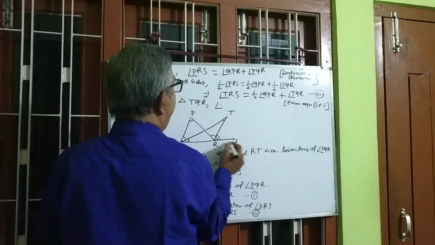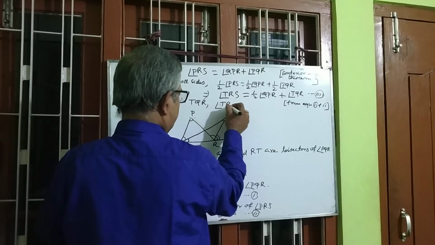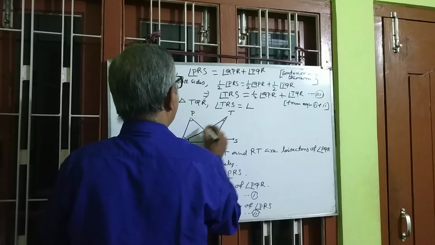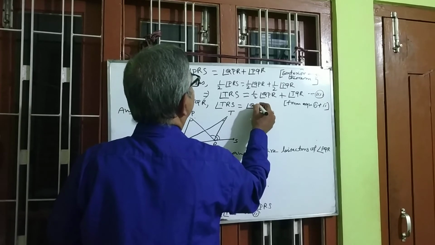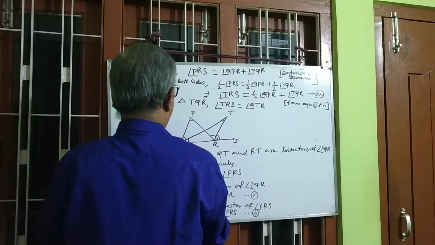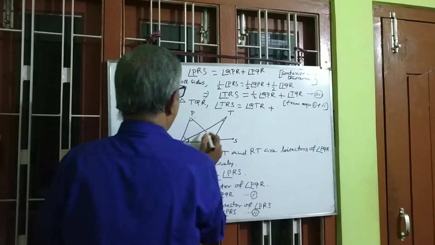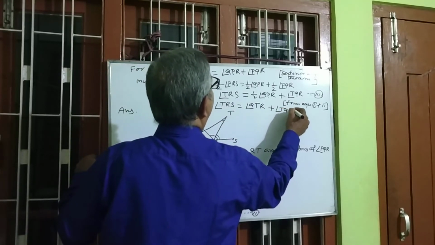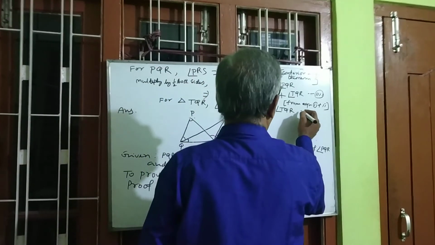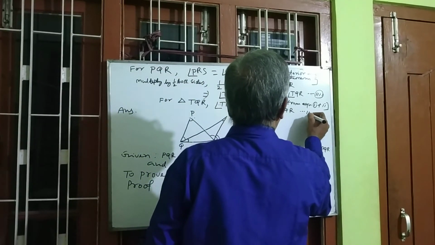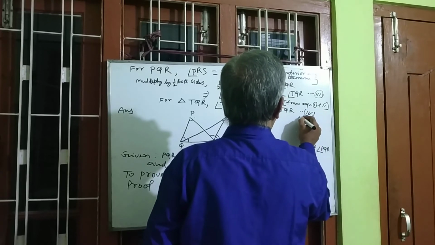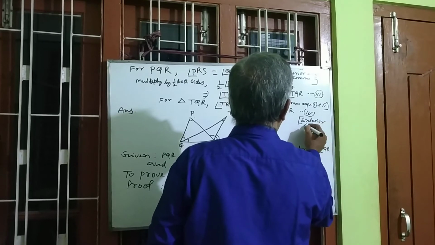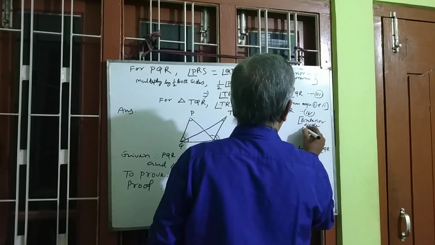Angle TRS is equal to angle QTR plus angle TQR. Why is this so? This is equation number 4. From where has it come? Exterior angle theorem.